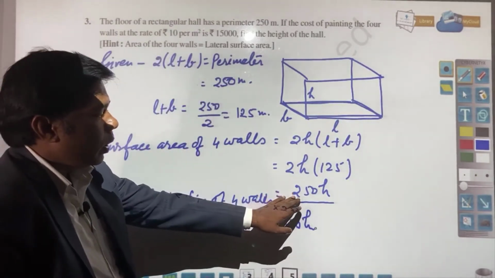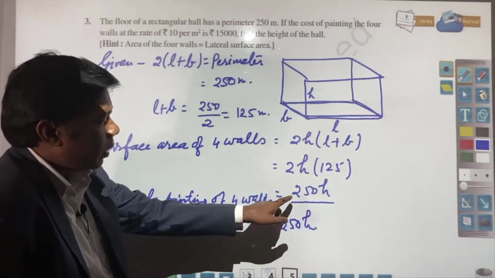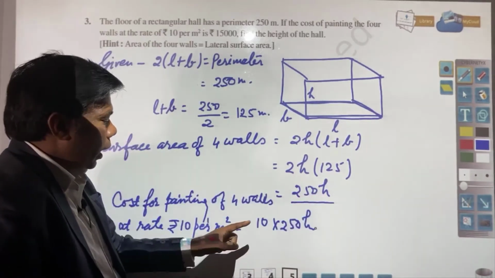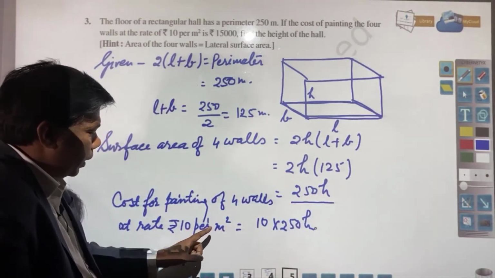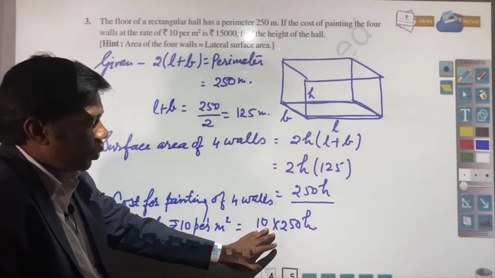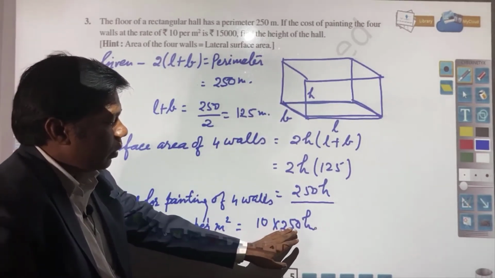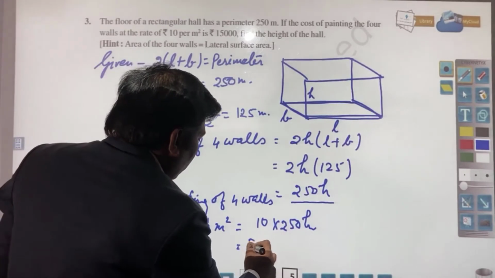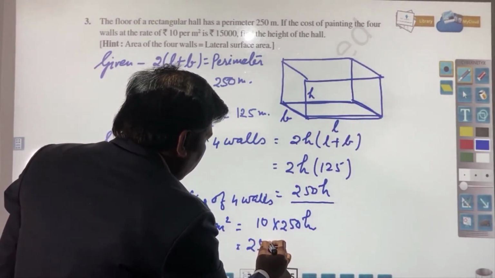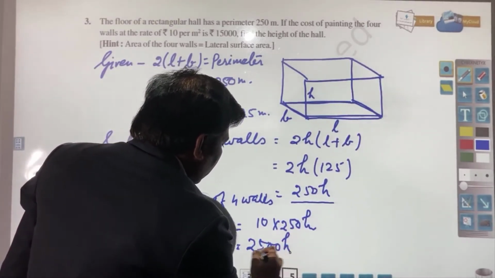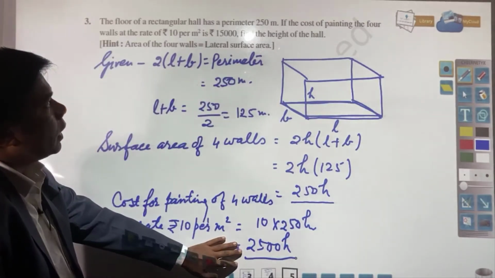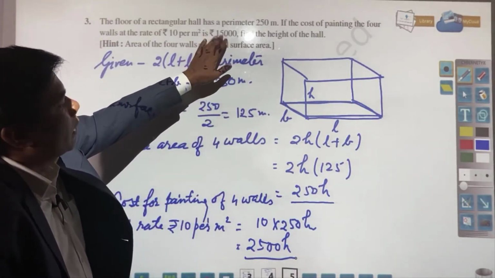Total area is what? Where it is required to be painted, 250H, and 1 meter square costs 10 rupees. So the total cost will be 10 into 250H. It means 2,500H rupees. This much cost is there, and that has been given as 15,000.